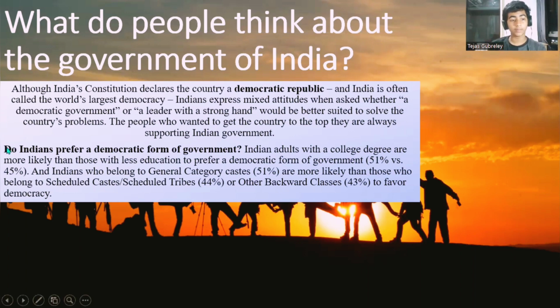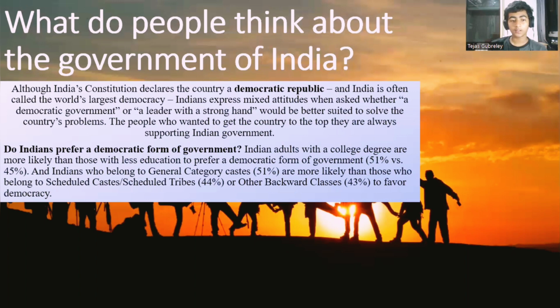Now let's go to the second paragraph. Do Indians prefer a democratic form of government? This is a good question. Indian adults with a college degree are more likely than those with less education to prefer a democratic form of government, 51% versus 45%.